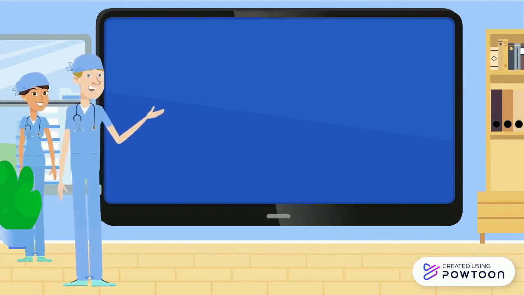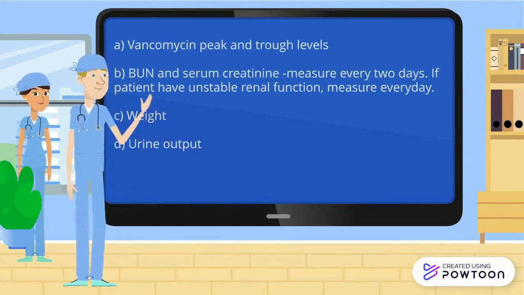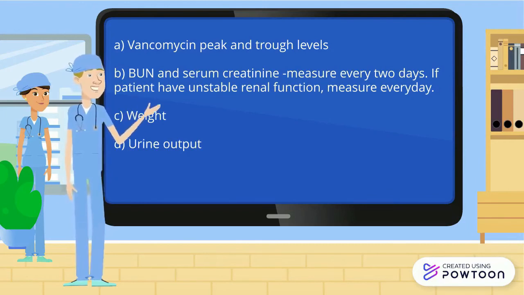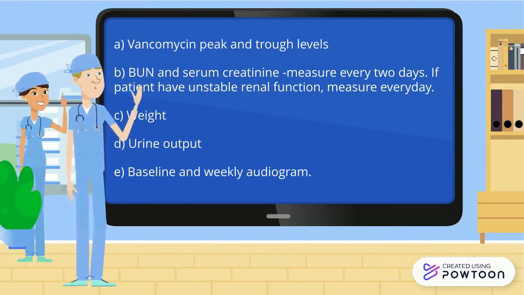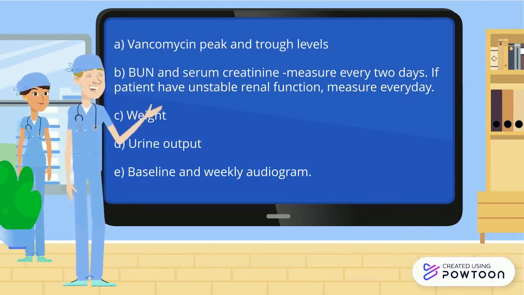Some of the parameters are the continuity from day 1, which include vancomycin peak and trough level monitoring, BUN and serum creatinine monitoring, and also monitoring of patient weight. Some additional monitoring parameters include the urine output, which is done by measuring and monitoring urine output of this patient on a daily basis.